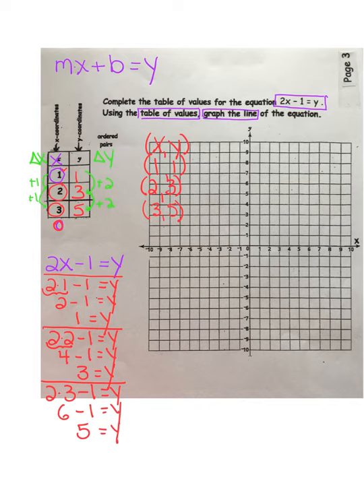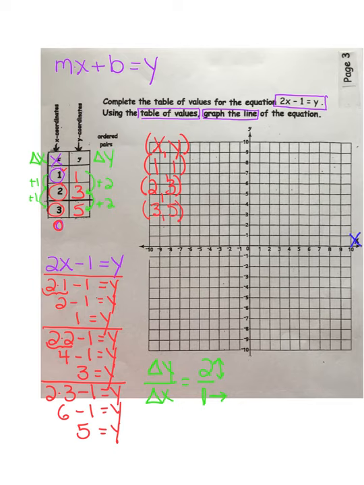So, our delta y over our delta x is a 2 to 1 ratio. Remember, the y controls your up and down movement, and this happens to be a positive 2, so we're going to go up 2. And that 1, which is a positive 1, controls your sideways movement.